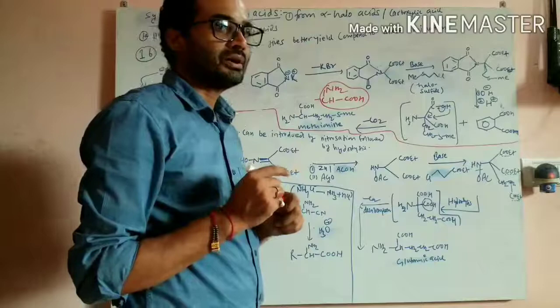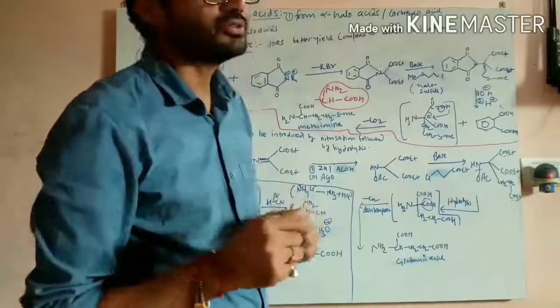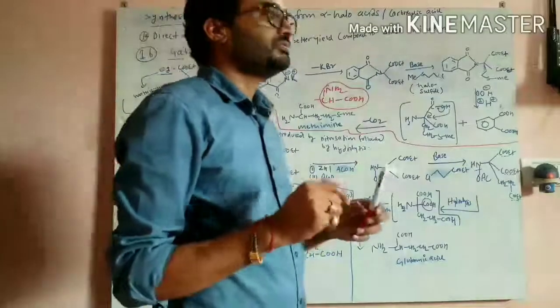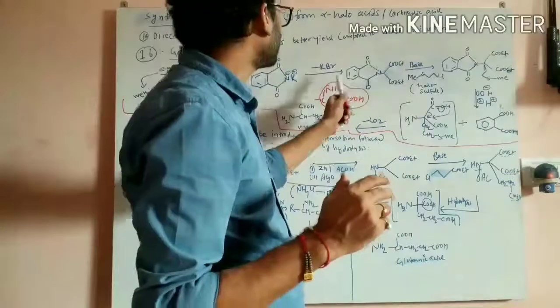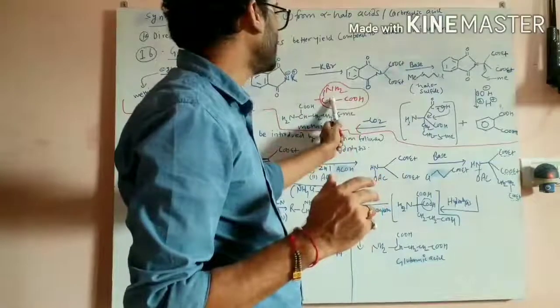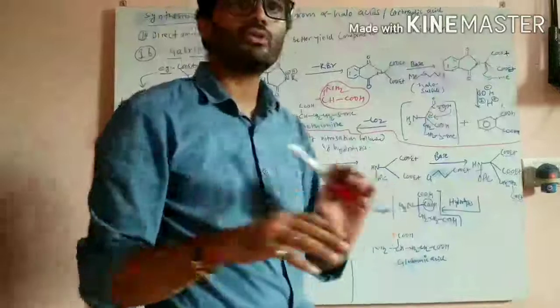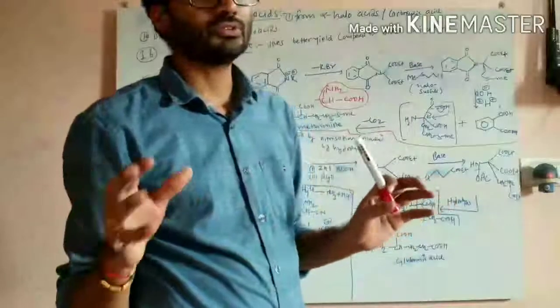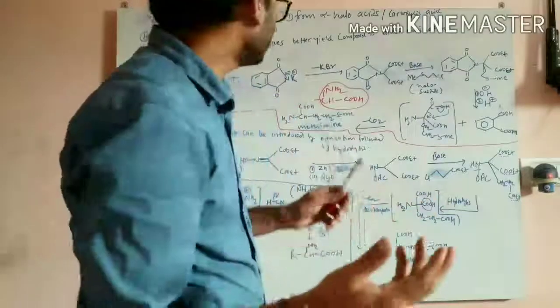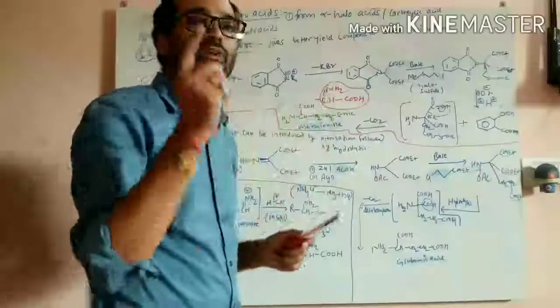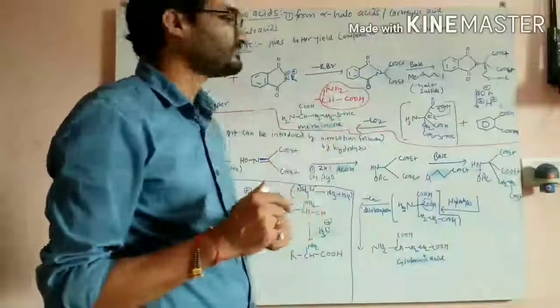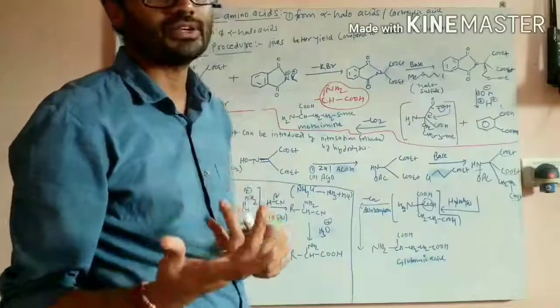By applying any procedure, you must introduce the NH2 group and COOH group, and this CH will remain the same for the synthesis of all the amino acids. The only variation is the introduction of the side chain. How will you introduce the side chain?